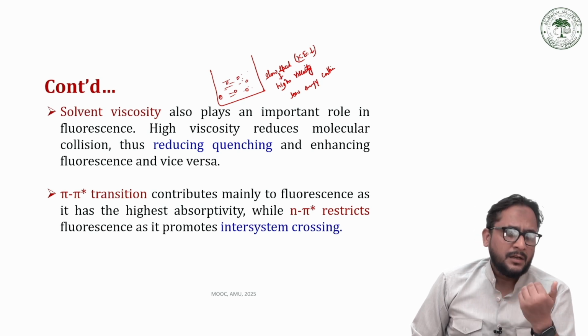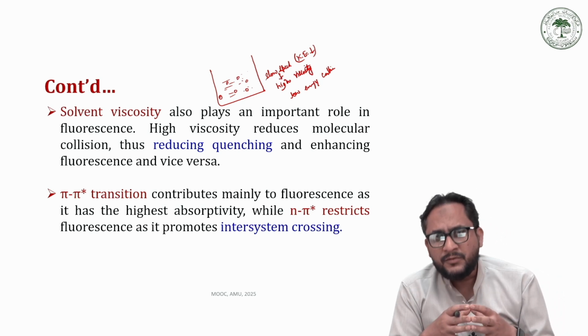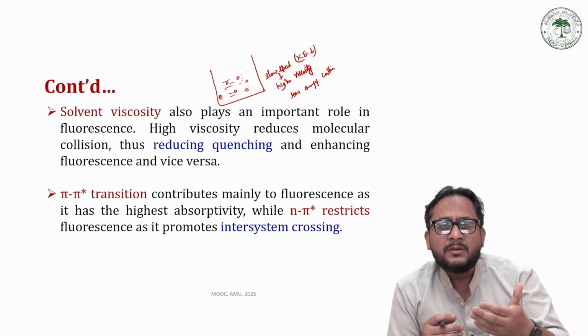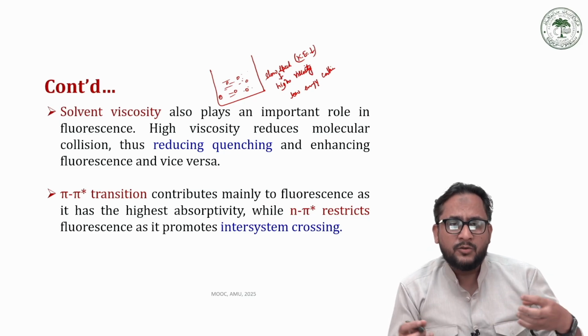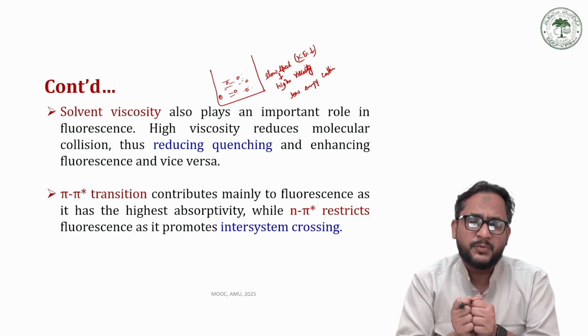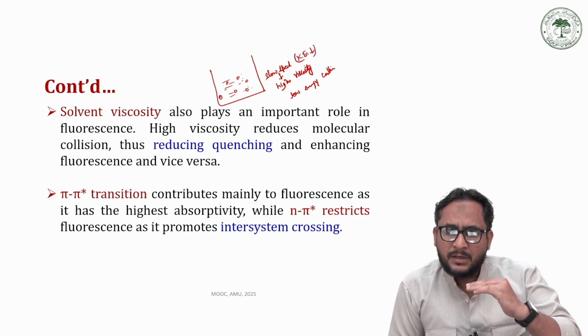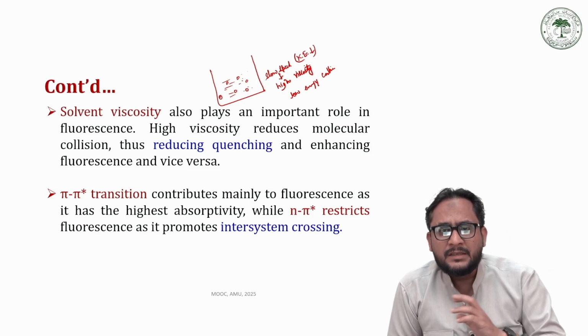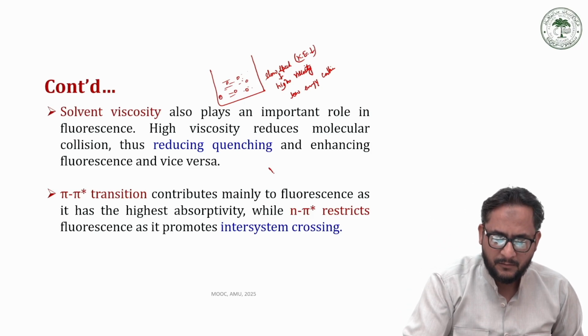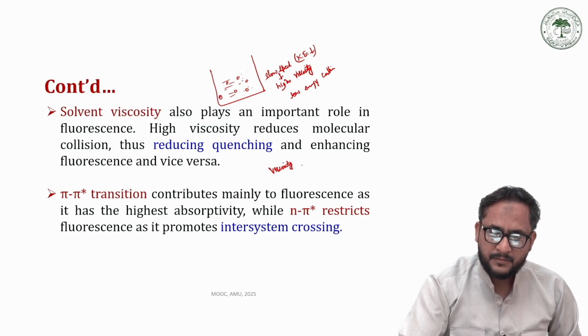On the other hand, a solution with lower viscosity has more molecular collisions, and those collisions are taking place at high speed. So low viscosity decreases the intensity of fluorescence. So the viscosity of the sample is directly proportional to fluorescence intensity.